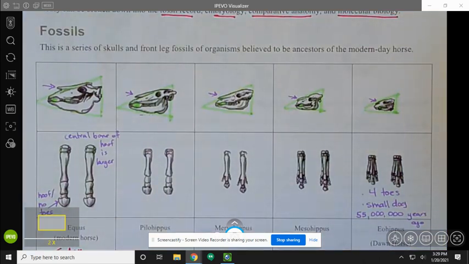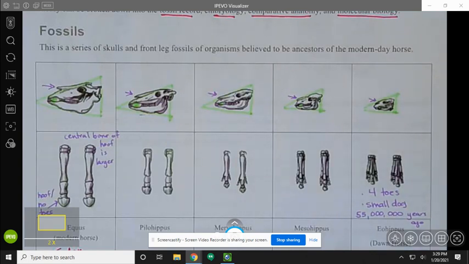I want you to use Kami and the text editor, and write in those 2 similarities under question number 1 below this diagram. Pause and go ahead and do that.